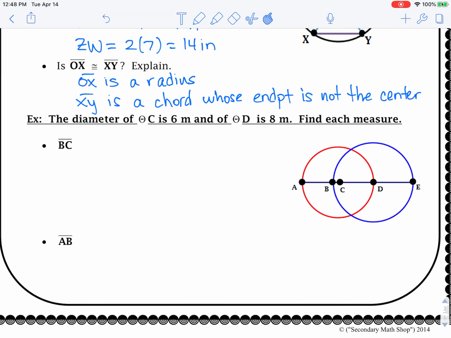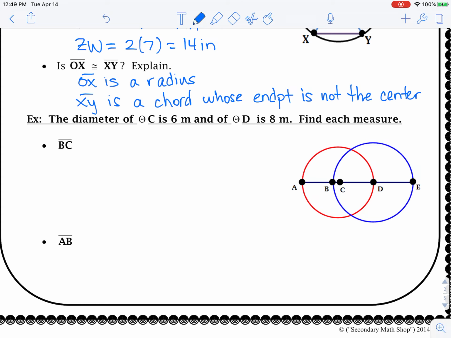Okay, the diameter of circle C is 6 meters, and the diameter of circle D is 8. Find each measure. Find the length of BC.